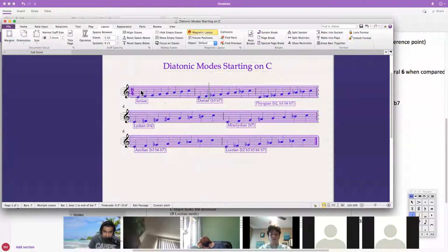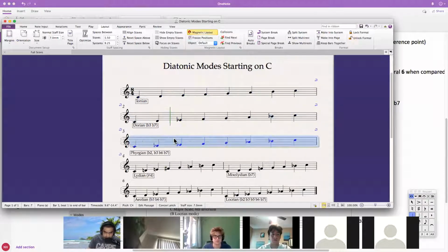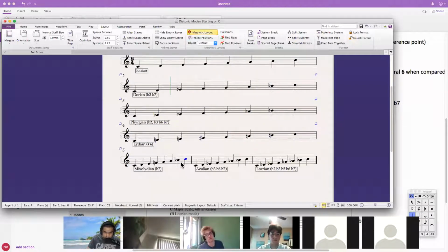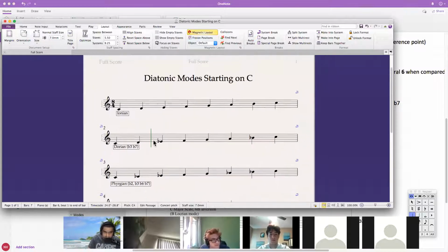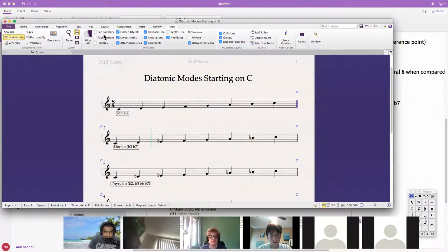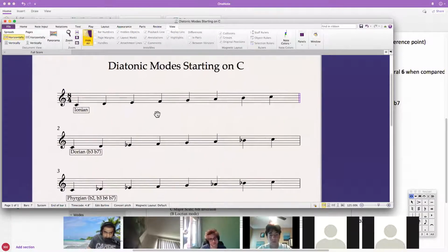These are all the diatonic modes starting on C. Okay? So in other words, there's two ways you can visualize these modes. You might find it more useful to think about these modes in terms of, well, if you start on C, how would these modes look?